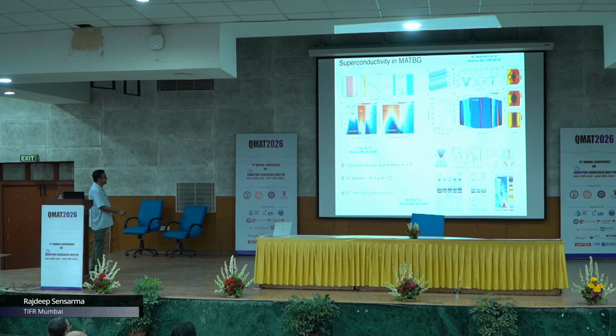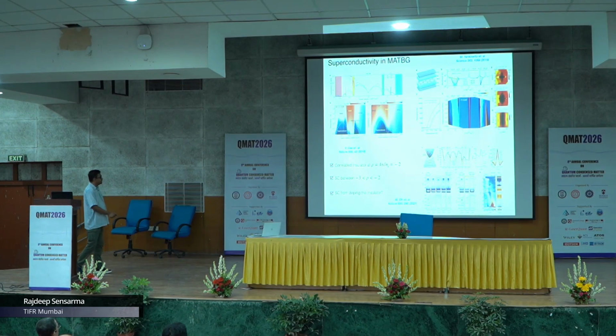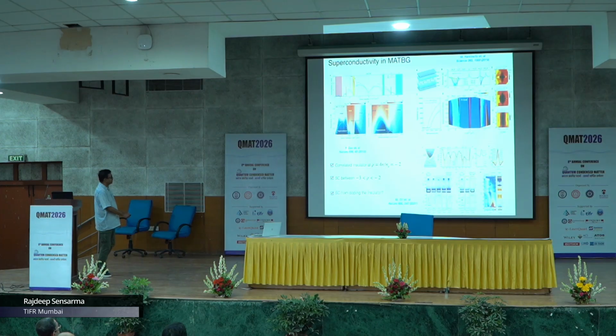And if you dope away from this correlated insulating state, people find superconductivity in these systems. This one is from the original one from Pablo's group, and then there are multiple cases where people have found this. So this superconductivity is robust.